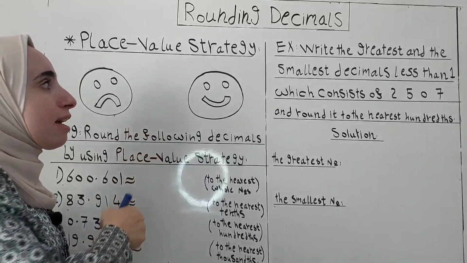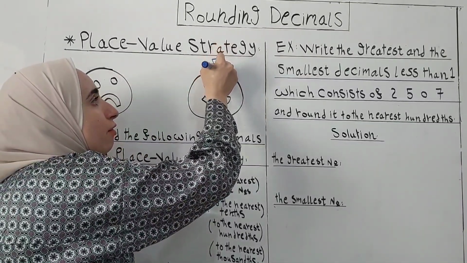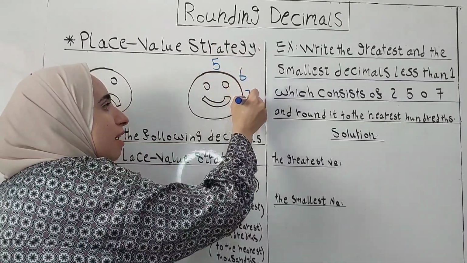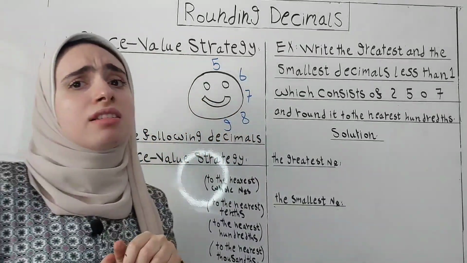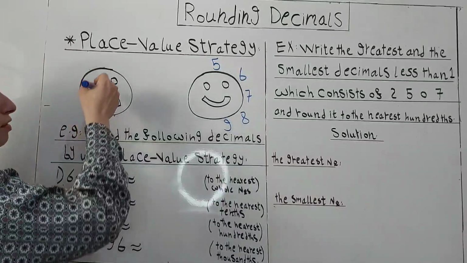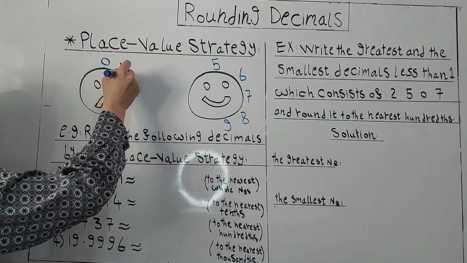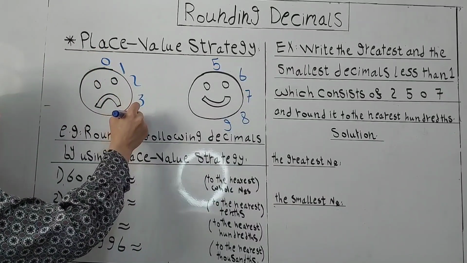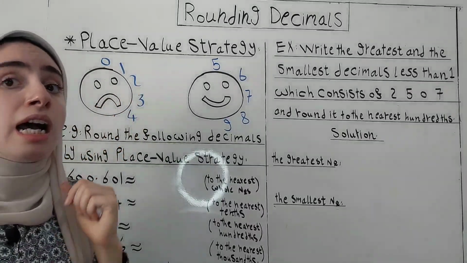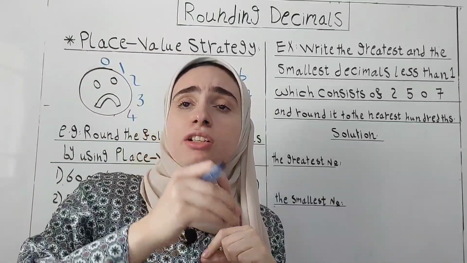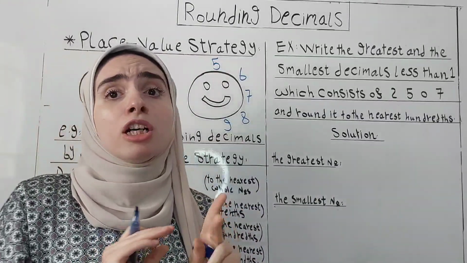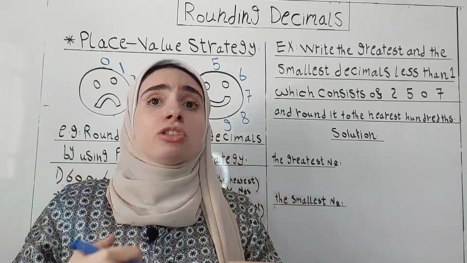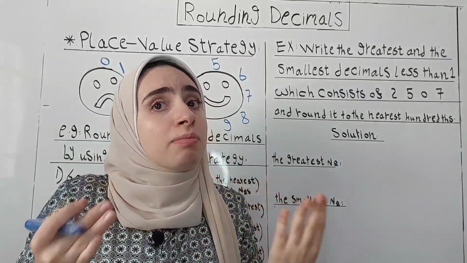A happy number is 5, 6, 7, 8, 9. And a sad or poor number is 0, 1, 2, 3, 4. With a happy number, add 1 to the digit in the next higher place. But with a sad or poor number, do not add anything to the digit in the next higher place.